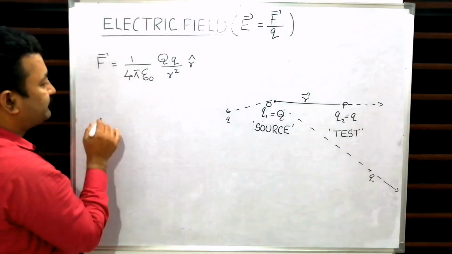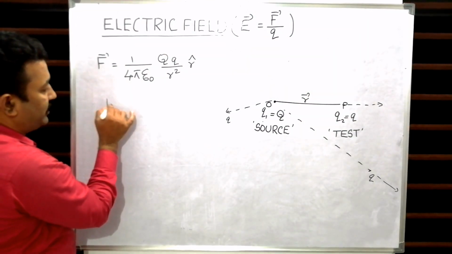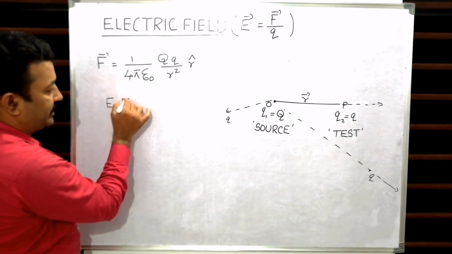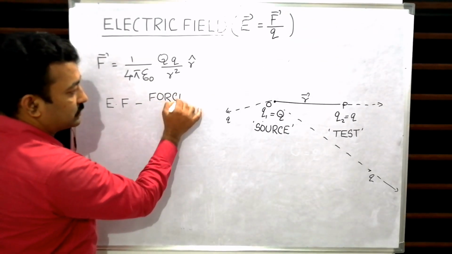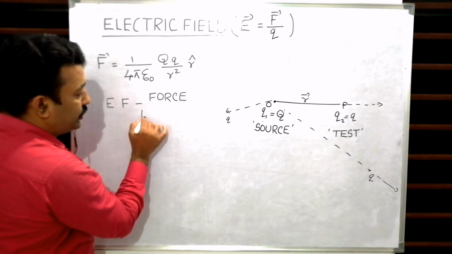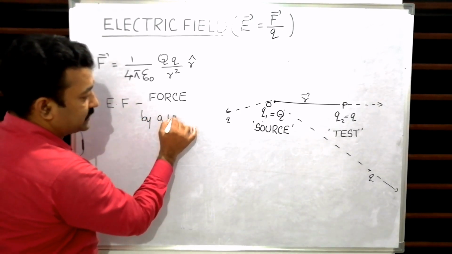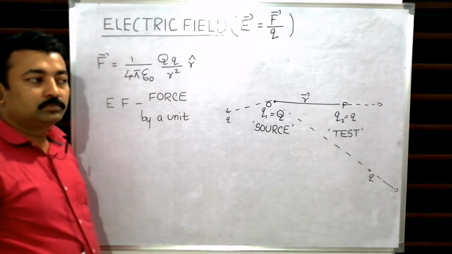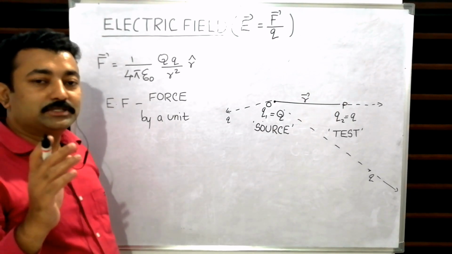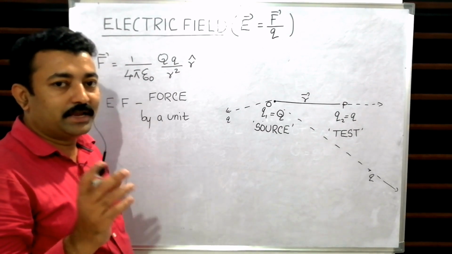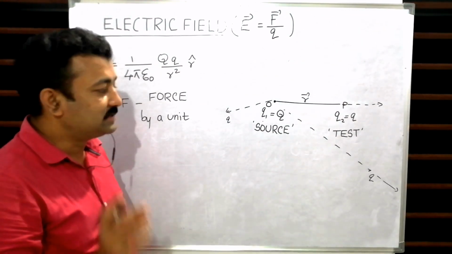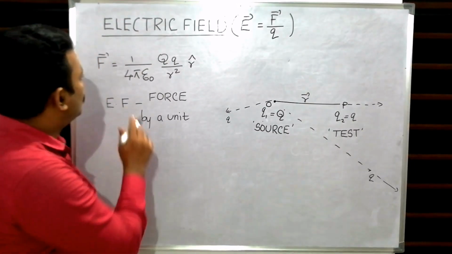So how can we make a mathematical expression for that? The electric field is mathematically defined as the force experienced by a unit charge placed at a particular point. So the electric field due to a source charge is defined as the force experienced by a unit charge at a particular point.